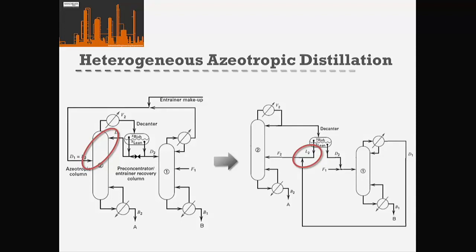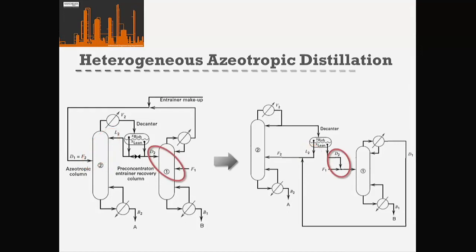So we just add the distillate from column 1 to our X-rich liquid before we add it into the column. Okay? It doesn't actually affect the separation or the mass flows. It's just a way of drawing this system better so that we can represent it on our ternary diagram.